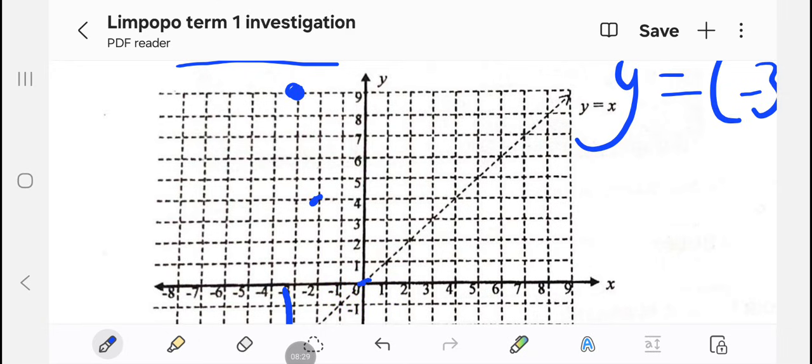Then 1 meets with 1. And minus 1 and 1 right there. 0 and 0 here. 1 and 1 again. And then 2 and 4, 3 and 9. Here we go.